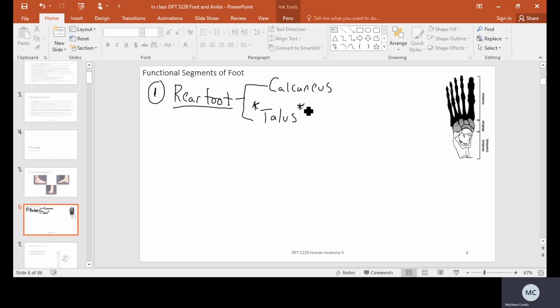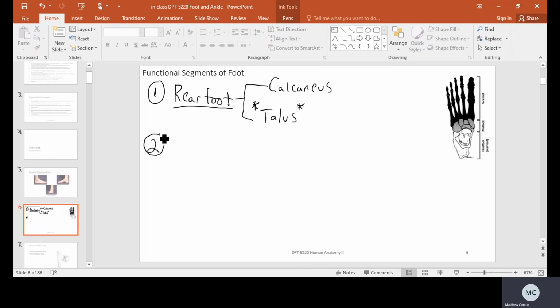And that's exactly why we have that talus. The talus is going to be positioned and shaped in a way that is going to literally perfectly transition that force. And we're going to get into the talus pretty in depth.